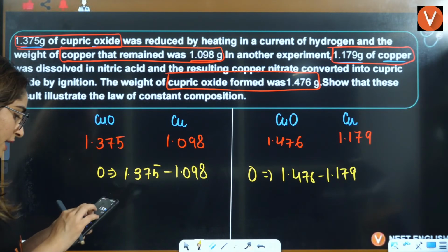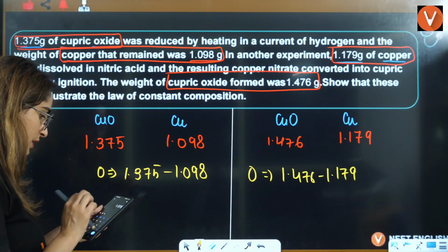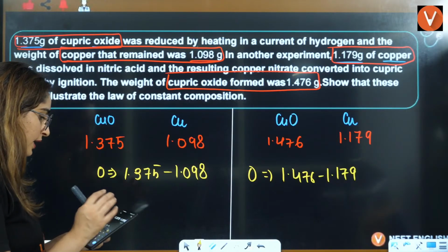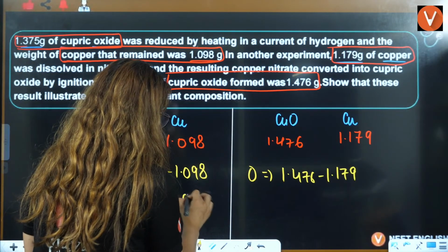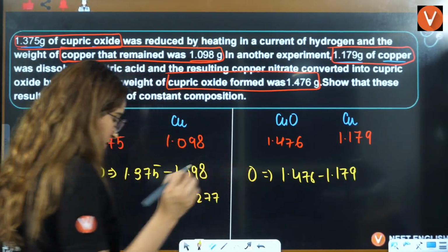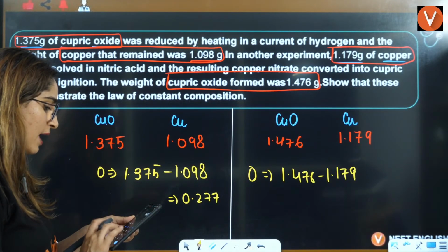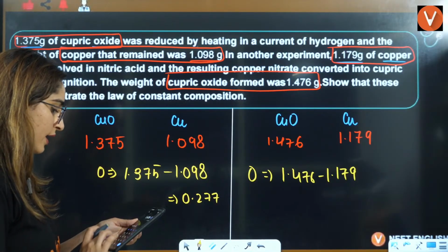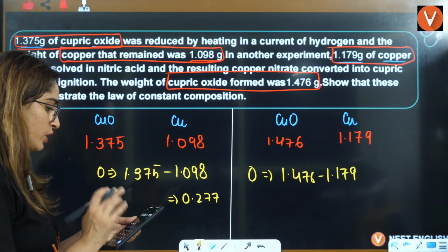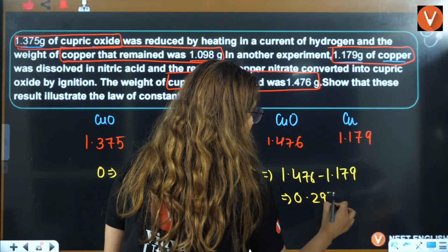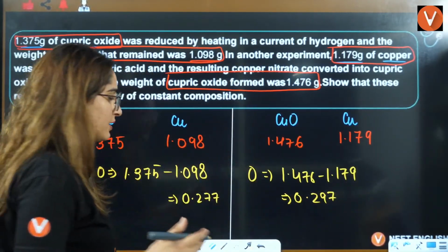Otherwise, you will end up getting confused in so many things. So 1.375 minus 1.098, that is 0.277. Now let's do this, 1.476 minus 1.179. Beta, in exam you will not get any calculator there. I'm just showing you so that we can do things fast. 0.297. Subtraction is simple.